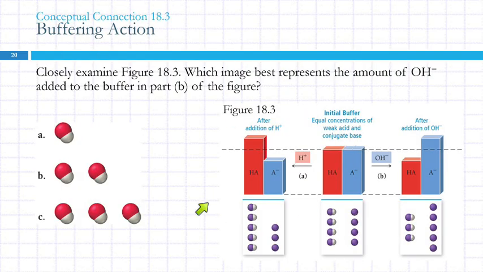Okay, so we're supposed to closely examine this figure. Which of these, A, B, or C, best represents how much hydroxide is added to the buffer to get this result? Are we adding 1, 2, or 3 hydroxides? 1. Yeah.